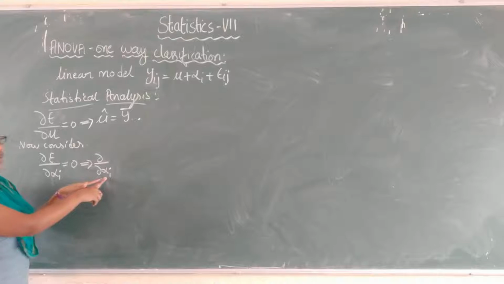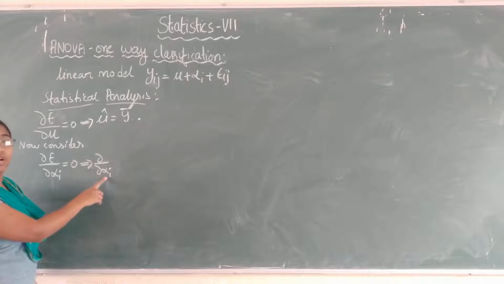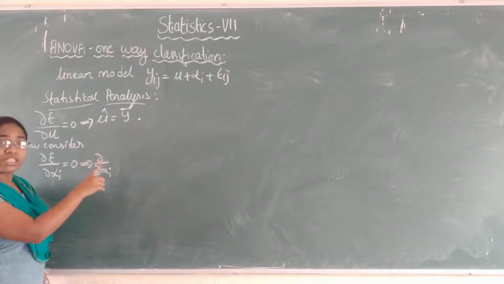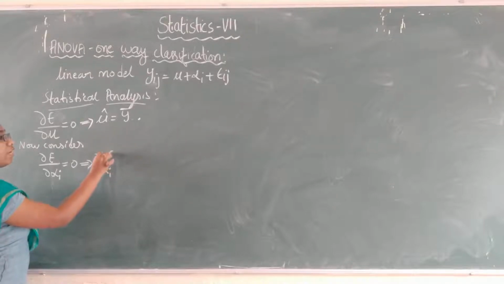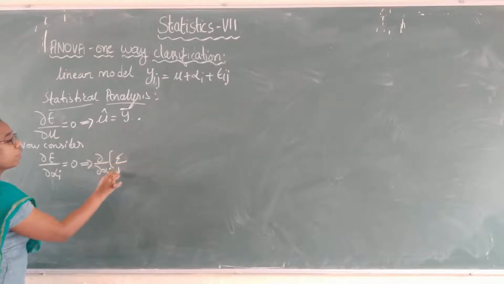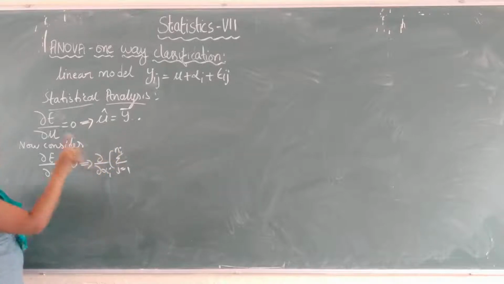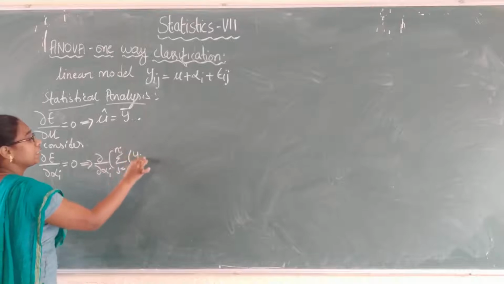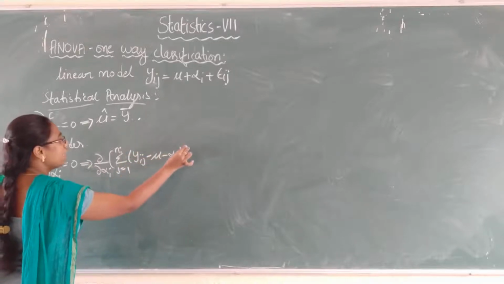Here we are partially differentiating with respect to alpha i, which represents the class or treatment, and in each class we have ni observations. So the error value we consider is only over summation j equals 1 to ni, of Yij minus mu minus alpha i, whole square.